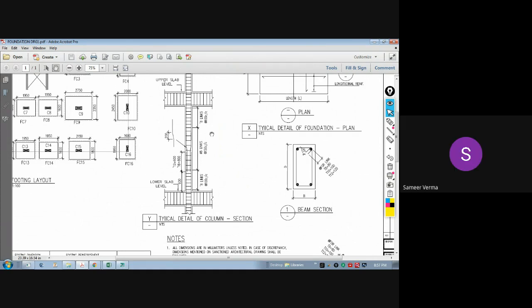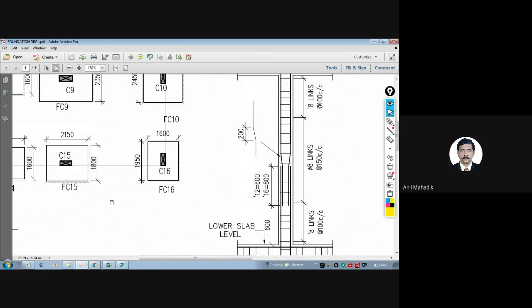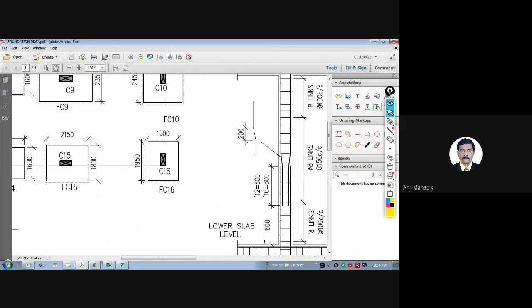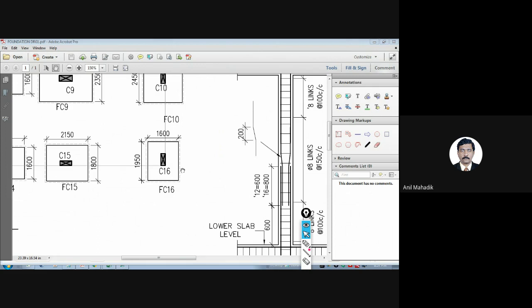See, it may happen that my architect is saying something. Let's say I have sent this drawing to the architect. Once the architect gives me the permission, then and only then I send this drawing to the site.